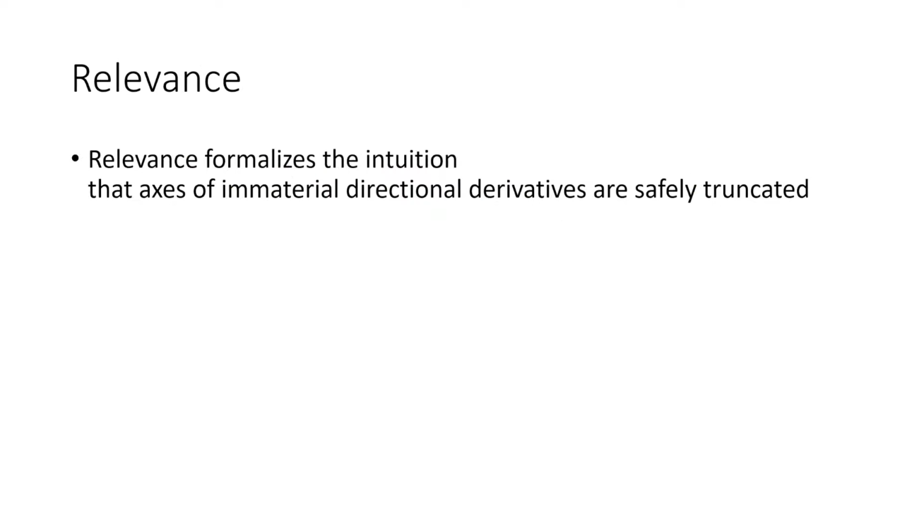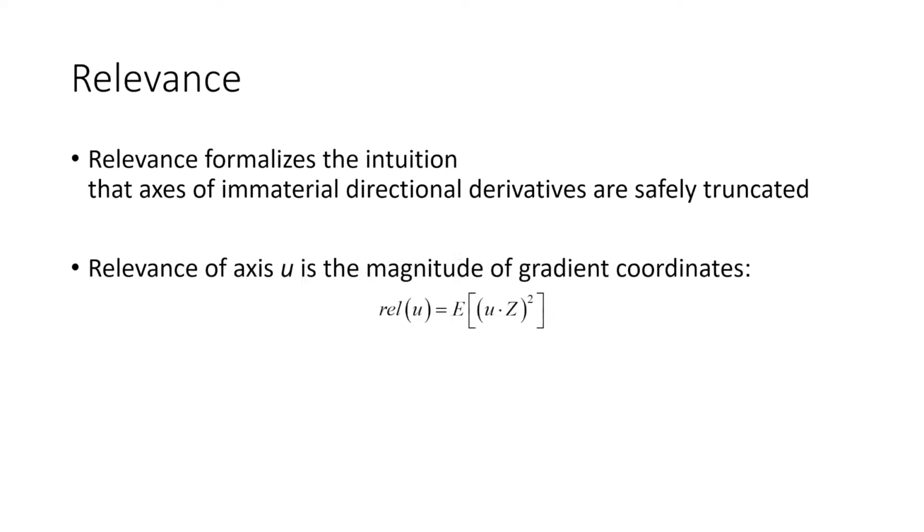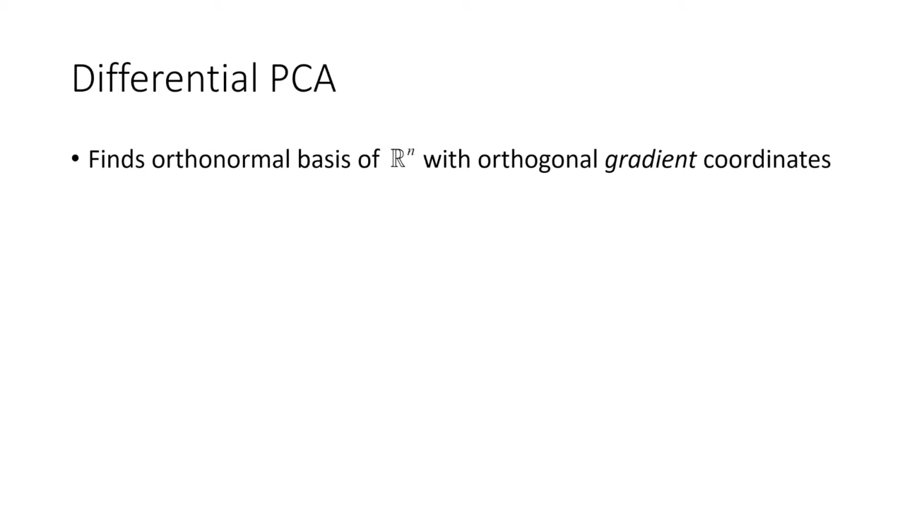Two examples illustrate safe dimension reduction by truncation of axes of immaterial directional derivatives. It is formalized with the notion of relevance. The relevance of some axis u is the magnitude of the projected coordinates of the gradient z on u. Differential PCA finds an orthonormal basis of Rn where the coordinates of the gradients are orthogonal.